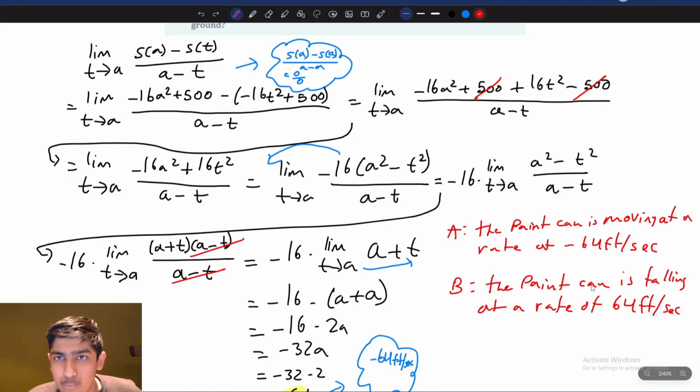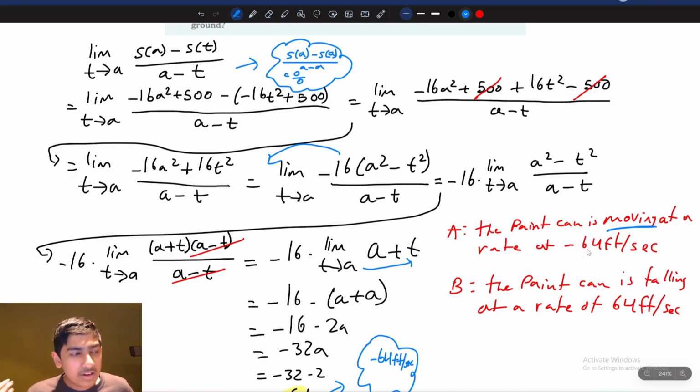Moving implies that we're going up or down, so it's really ambiguous. To remove that ambiguity, we'd say negative 64 feet per second, so that means we're falling. That's why you've got to be very careful with interpreting your answer.